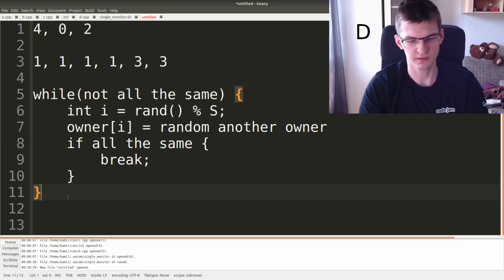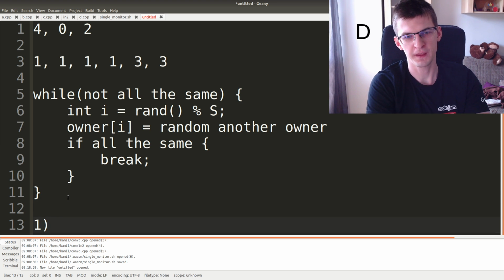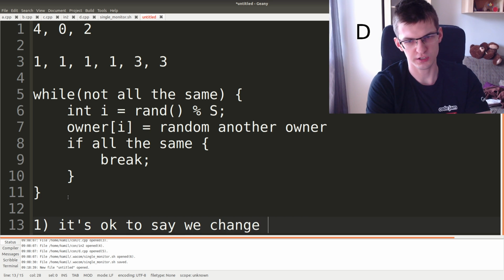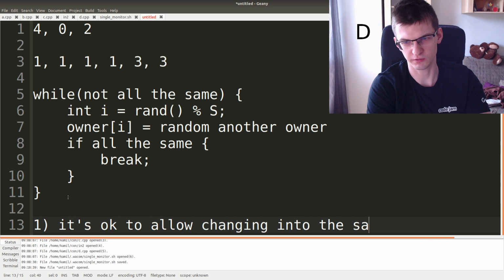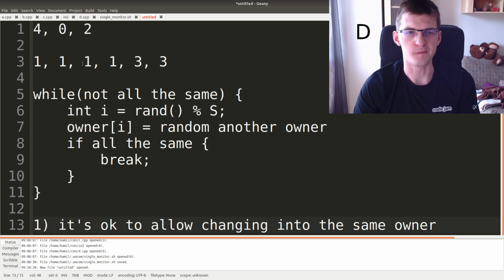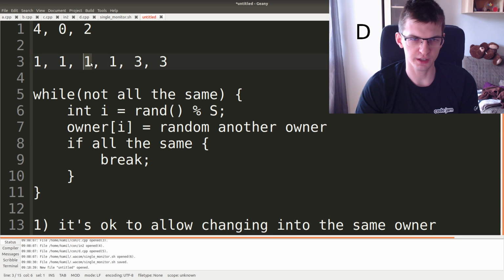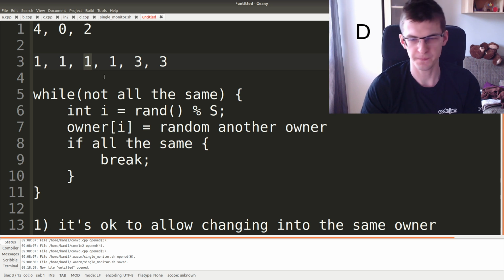First observation, and this is one I had, it's okay to allow changing into the same owner. So if I take a look at this number and I say this should change into another number, it's okay to say it changes into any number from 1 to 3.